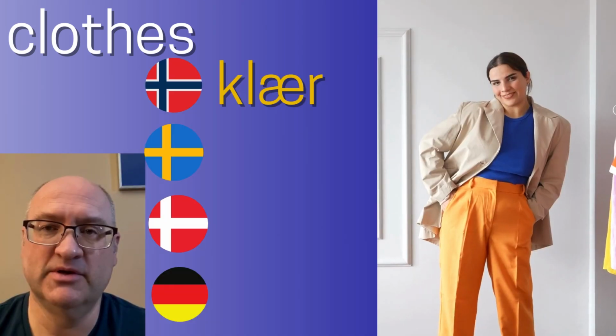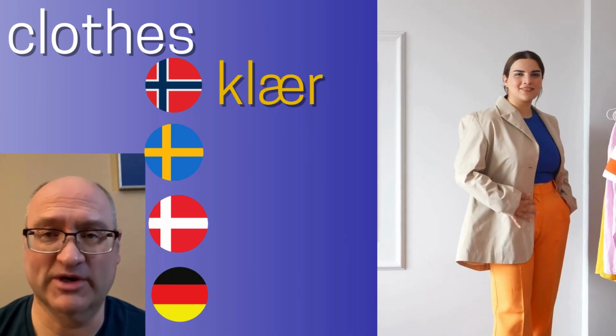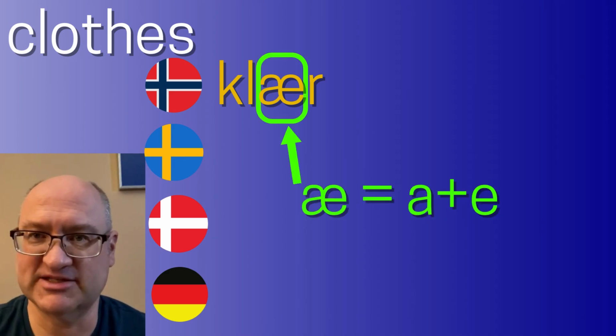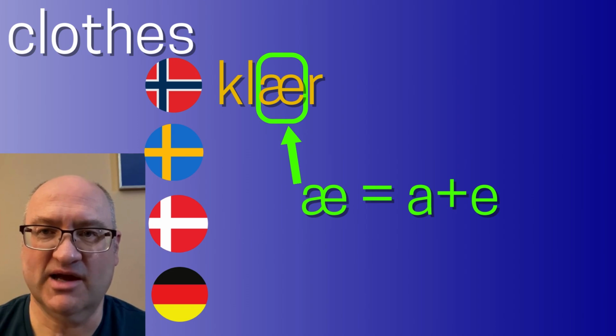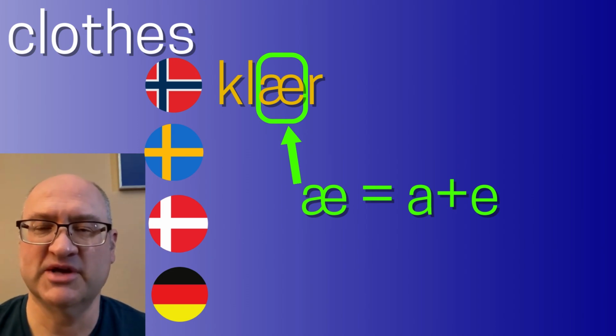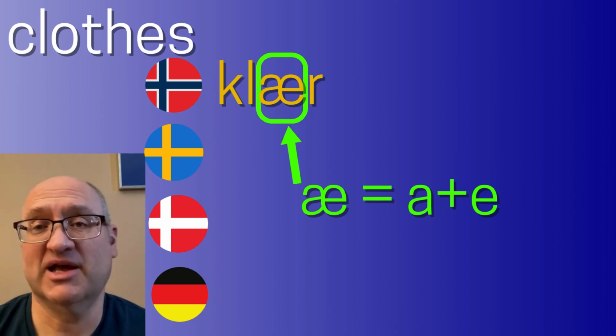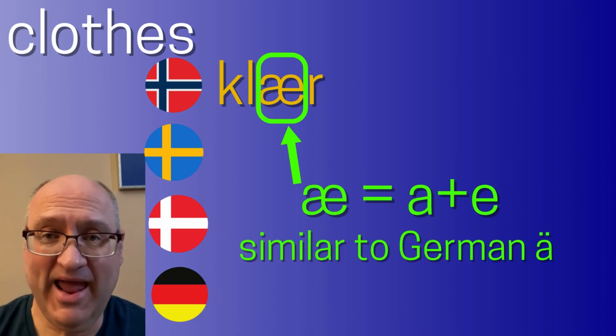Let's look at another combination of words that have some funny letters in them, and that would be the words for clothes. So in Norwegian, for instance, we have the word klær, which is spelled with a letter that is a combination of two letters, and it's pronounced more or less like an A, very much like the German letter A with the two dots on it.